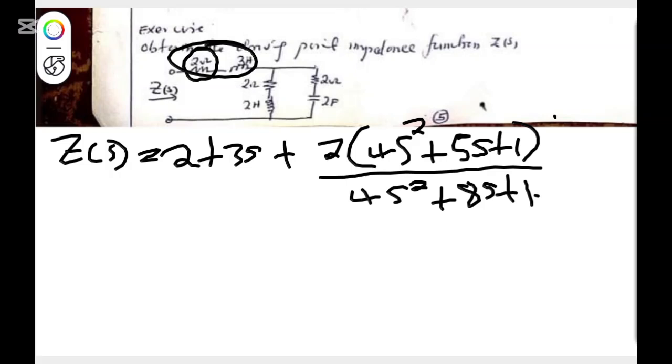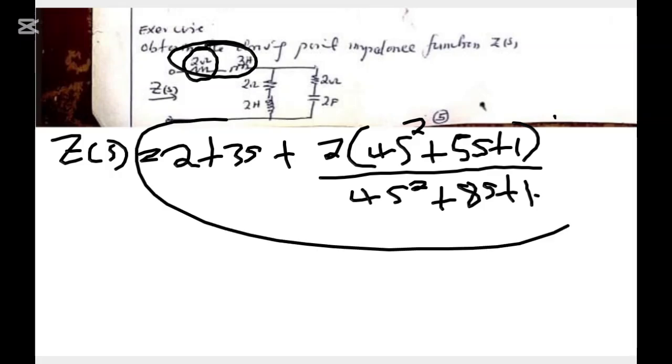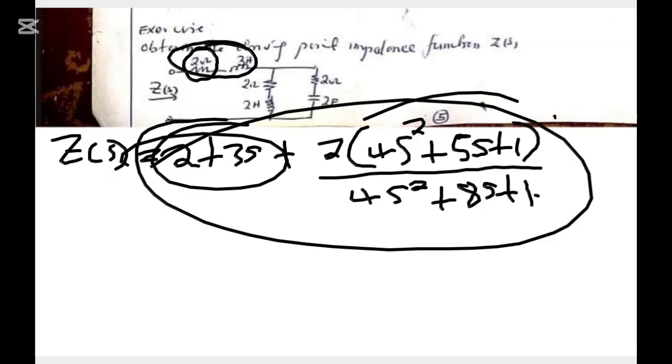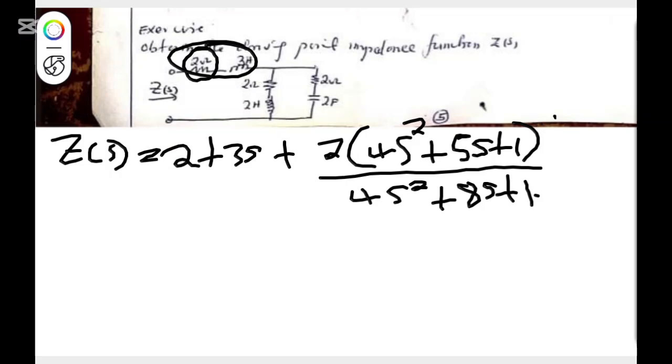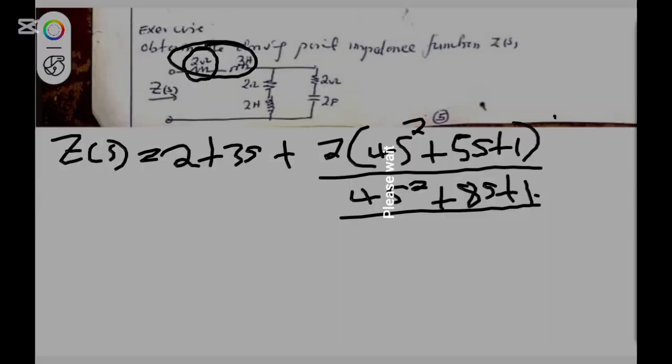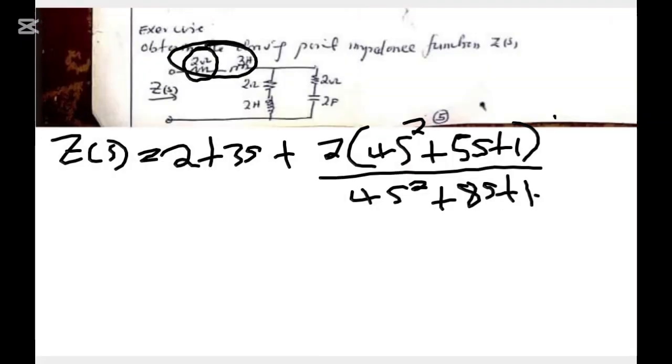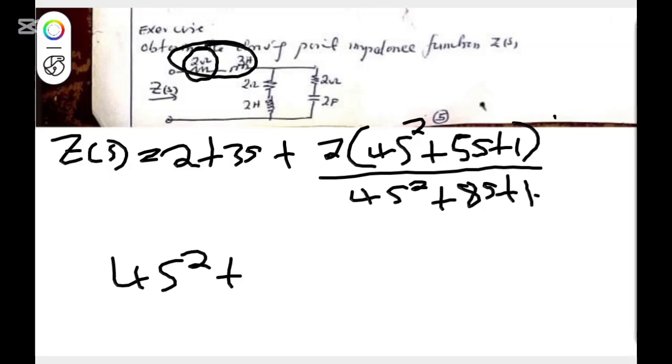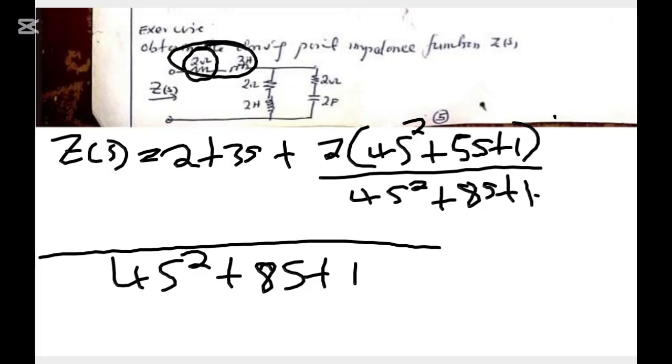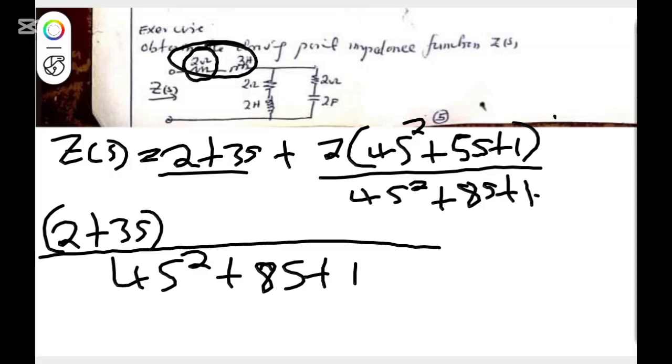So now the next thing that I'm going to do here is that I have to just simplify this. I have to add this with this. So how can I do that? I can simply say I have 4s squared at the denominator as 8s plus 1, and then I have to keep this. I'll say 2 plus 3s, and then I have to multiply it by this.